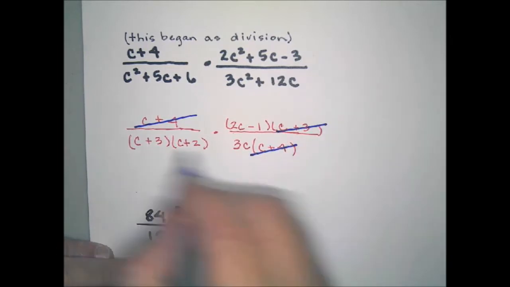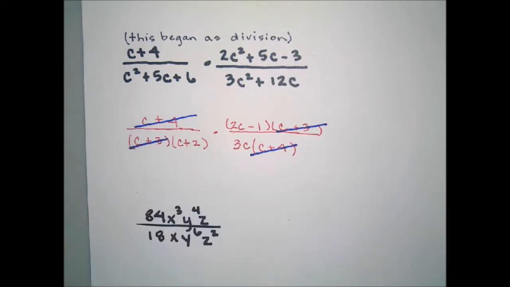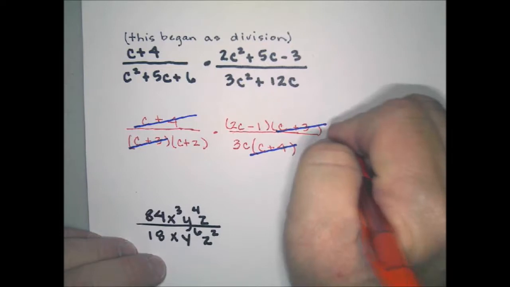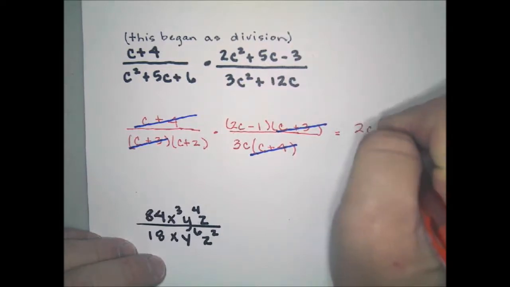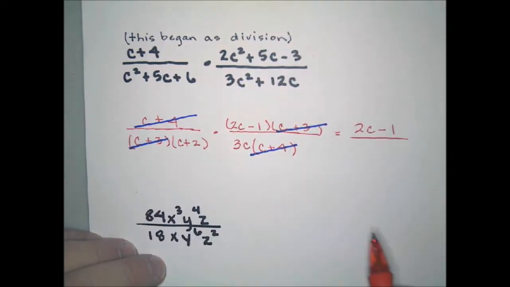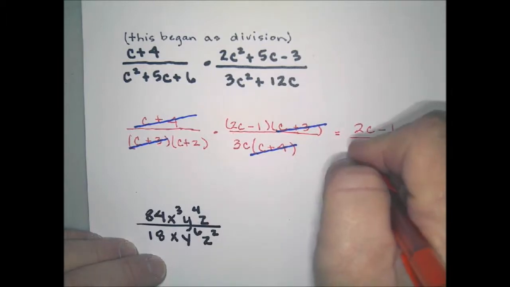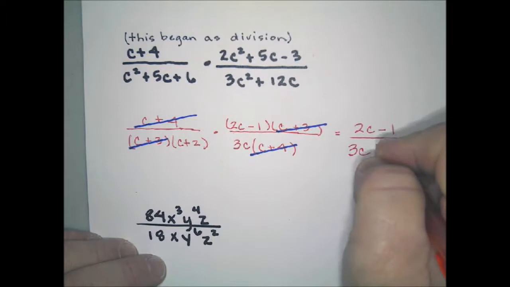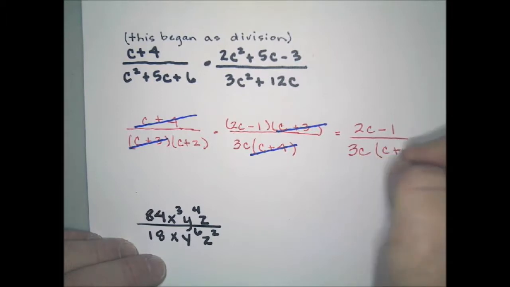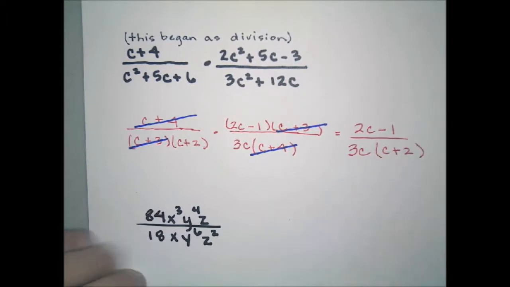That c plus 3 can reduce with that c plus 3. And we're left with 2c minus 1. You can put it in parentheses if you want, but you don't have to. Over 3c times c plus 2.